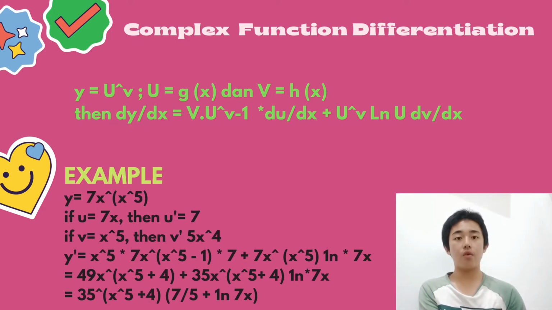That gives 49x to the power x to the 5 plus 4, plus 35x to the power x to the 5 plus 4 times ln 7x, and the answer is 35x to the power of x to the 5 plus 4, in brackets, 7 over 5 plus ln 7x.